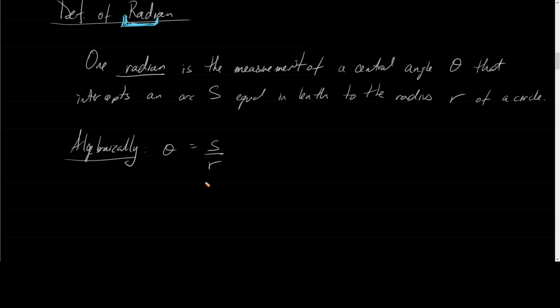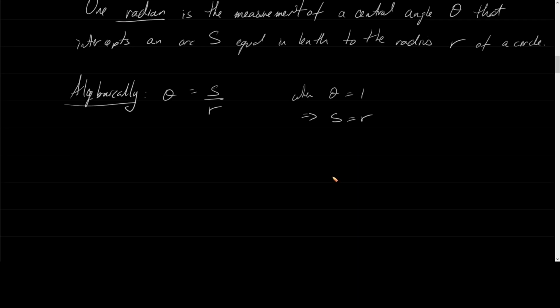We could say that when theta is equal to 1, this implies that S is equal to R. We'll use that in a bit. And think about why this would be true. If theta is equal to 1, then S over R must be the same value, because this whole fraction would be equal to 1. So that's what we're saying here.